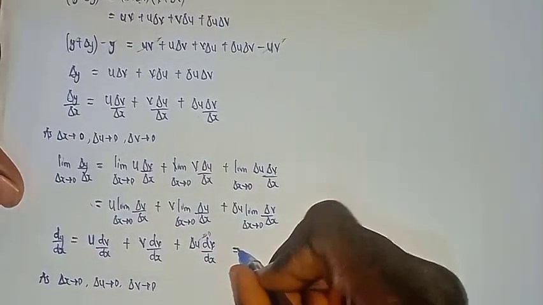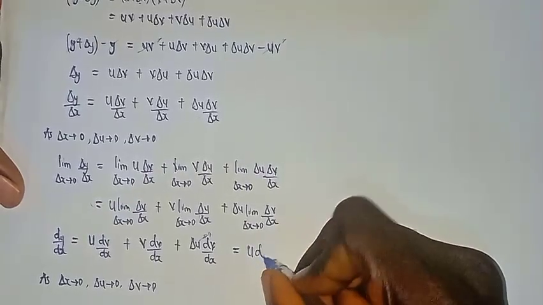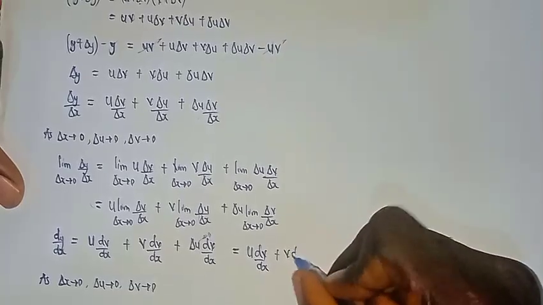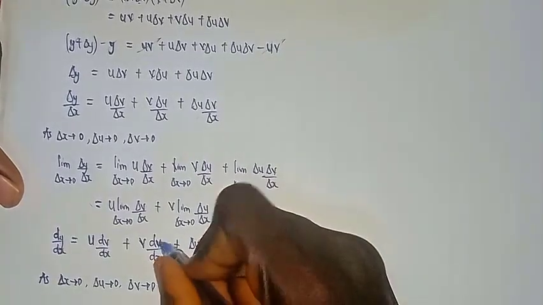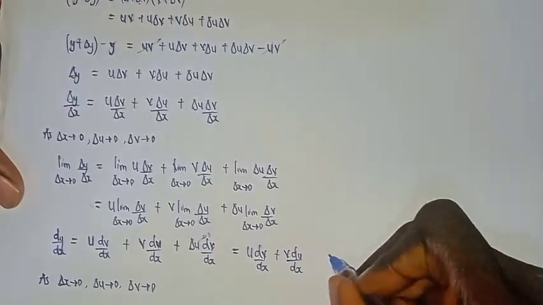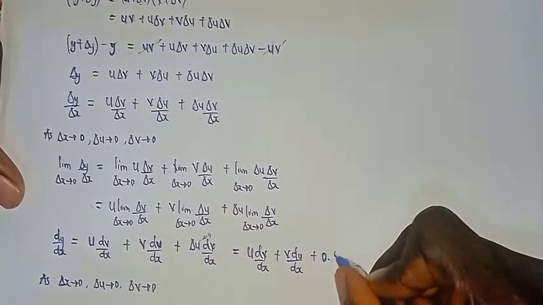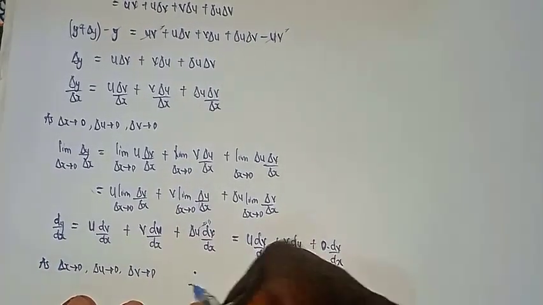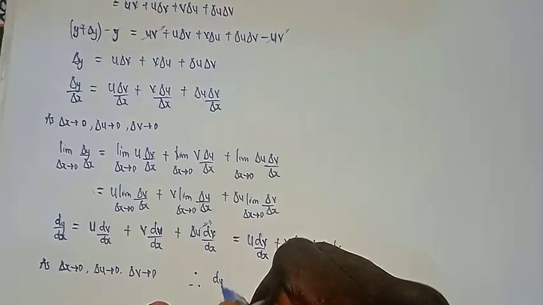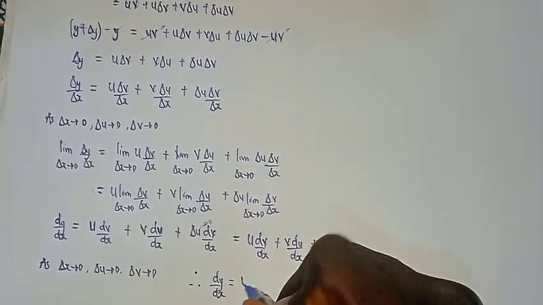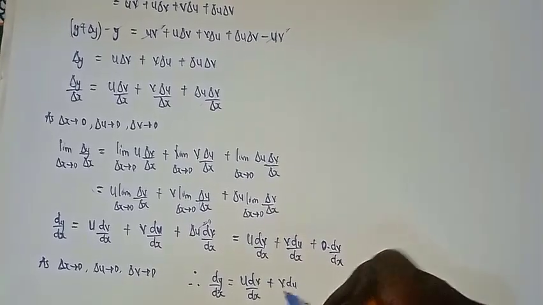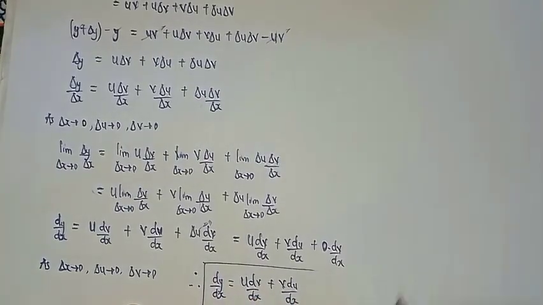So this can be written as u dv over dx plus v, this is u, sorry, du over dx plus 0 multiplied by dv over dx. So our dy over dx therefore becomes u dv over dx plus v du over dx. So this is our formula for product rule.